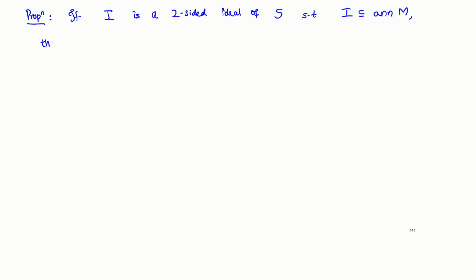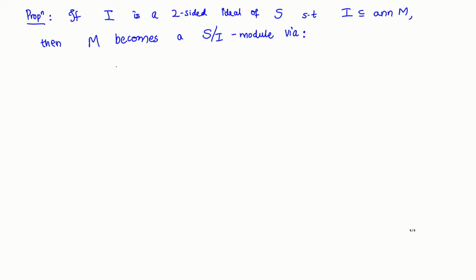And so here's the answer to the question: when can you make M into an S/I-module? If I is a two-sided ideal of S such that I is contained inside this annihilator, then M becomes an S/I-module via the following definition.